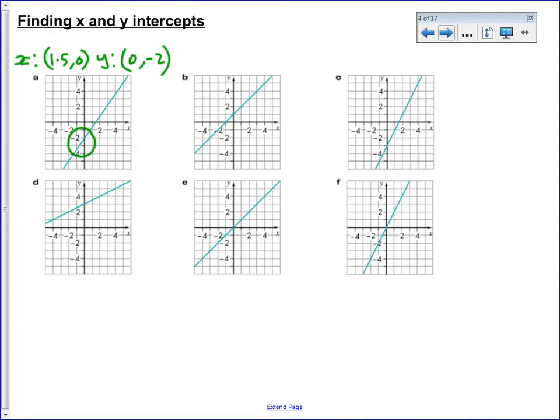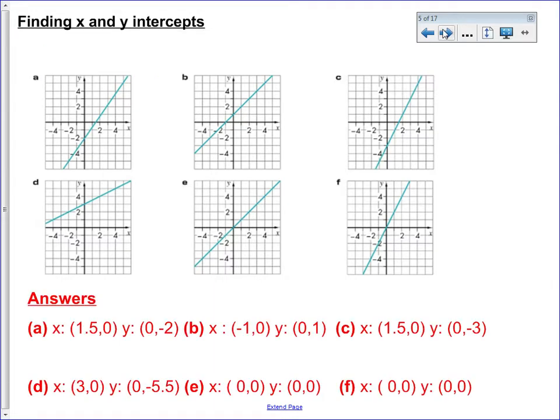Okay, see if you can write down the x and y intercepts for the graphs B to F. Pause the video. Okay, hopefully you've done that now, and I want you to mark your work with the answers down the bottom.